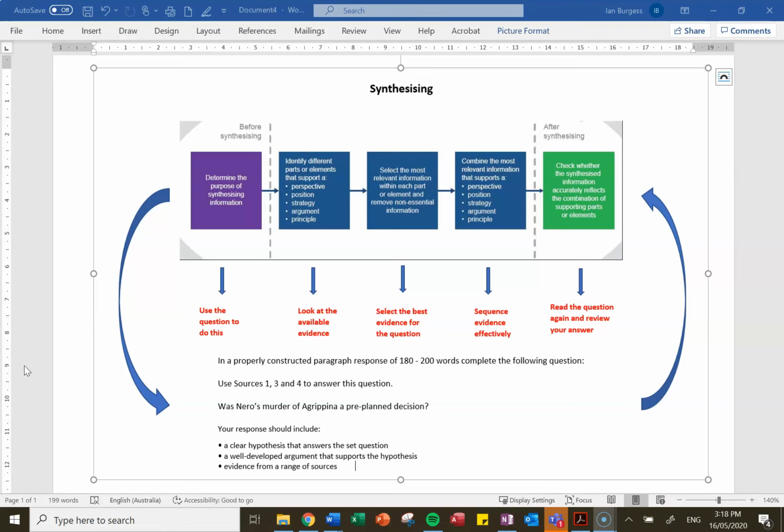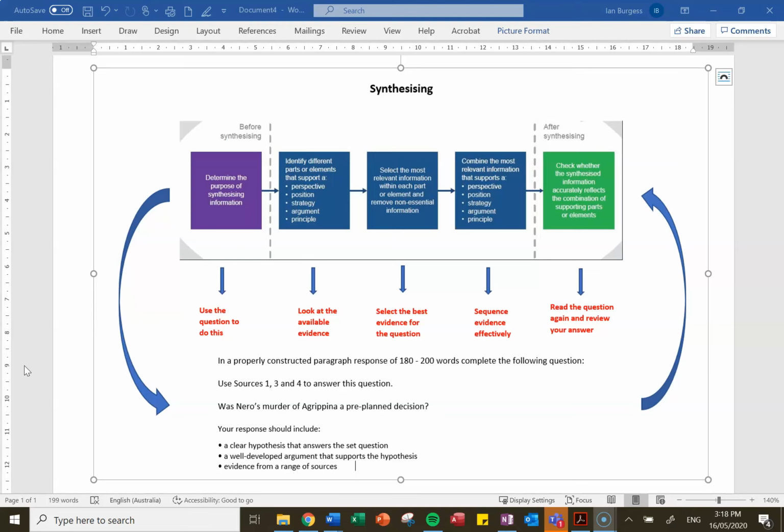So did Nero know what he was going to do, or did he simply react to the situation? In looking at our sources, we're going to select the best evidence that allows us to respond to that question. So we're going to survey all of the sources and identify the key pieces, be they a direct quote or a paraphrase of an idea, that we can use in our response.